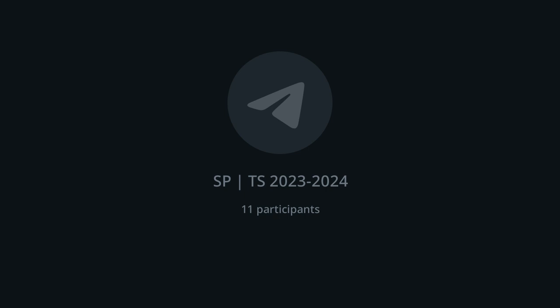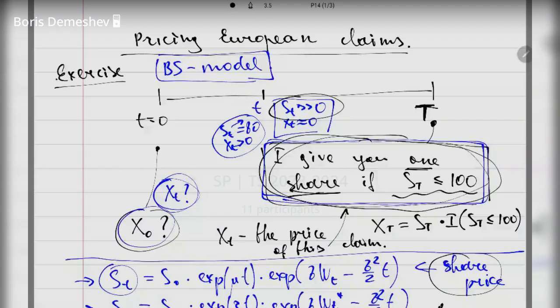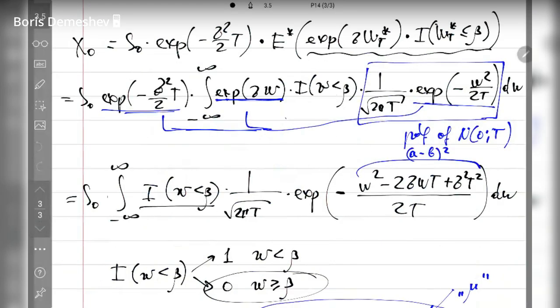Because if the share price is high, then the probability that the condition will be satisfied is low, and basically that means with a high share price, this financial claim should have a low price. Okay, let's check that this is satisfied.